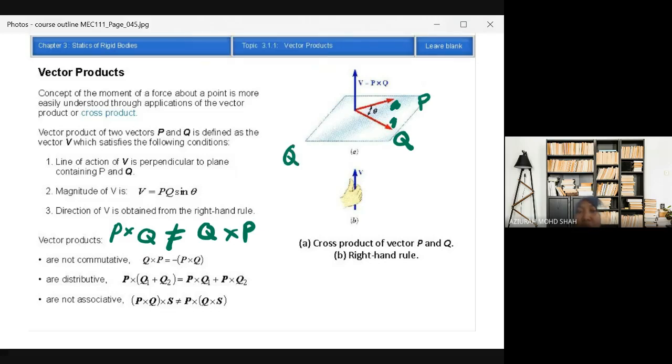Q cross P, you akan dapat direction dia ke atas. So label tu tak penting. Yang penting kamu kena tahu apa yang cross dengan apa. Yang atas ni, yang bawah apa? Clockwise ke counter clockwise? Itu yang kamu kena tengok. So kita boleh nampak idea dia sebenarnya.